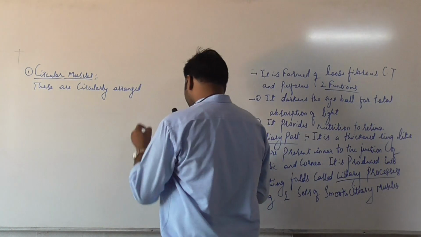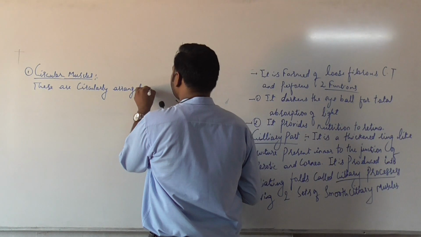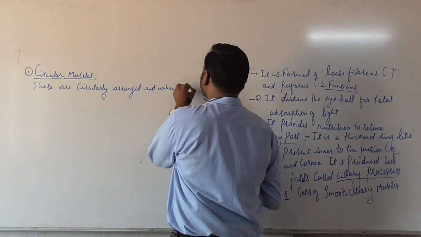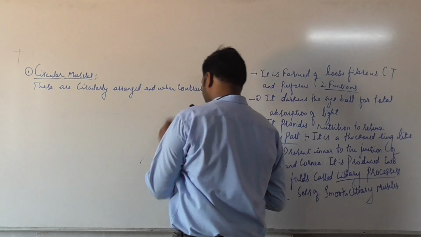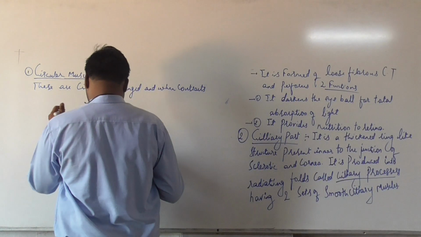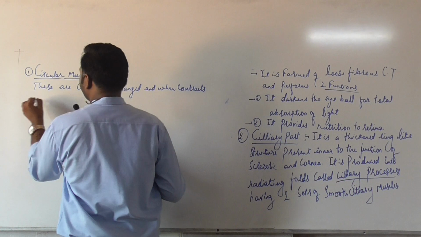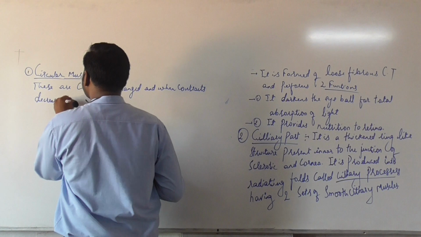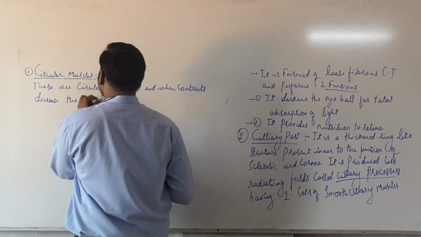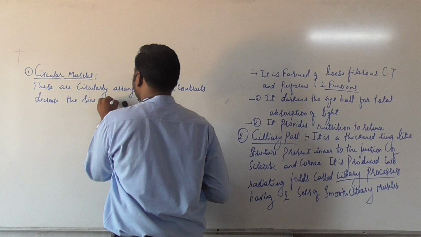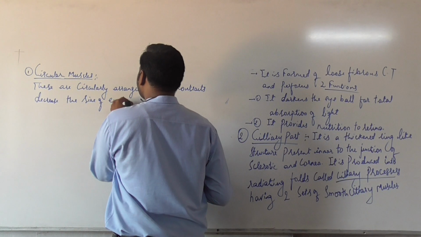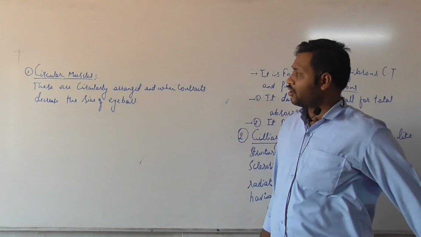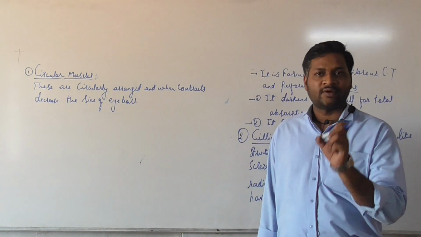These are circularly arranged, and when they contract they decrease the size of the eyeball. So contraction of the circular muscle will decrease the size of the eyeball.